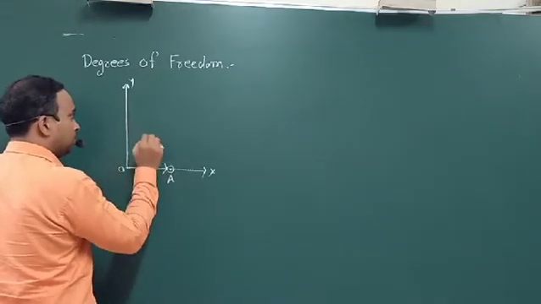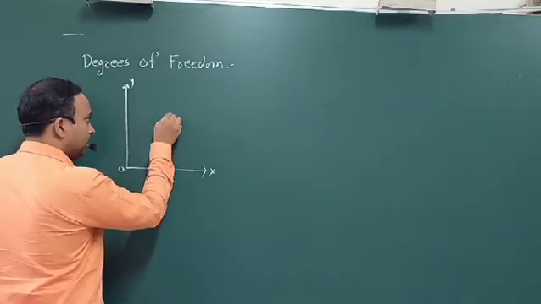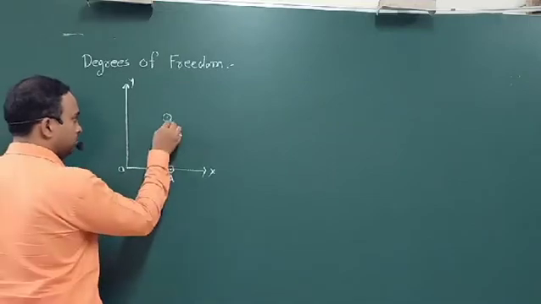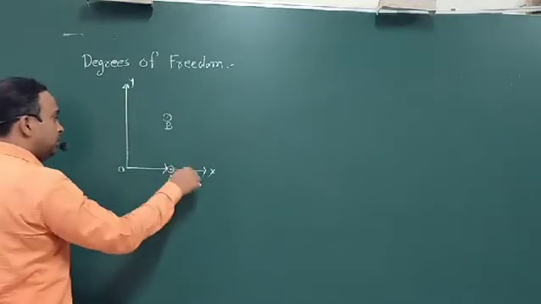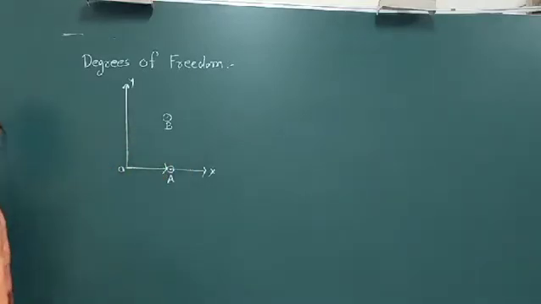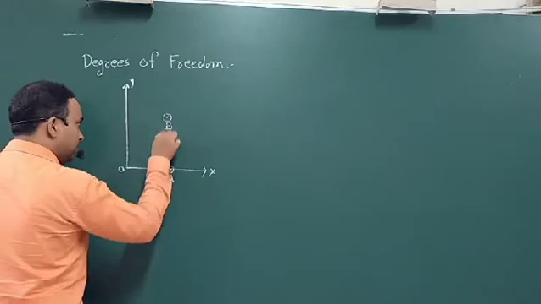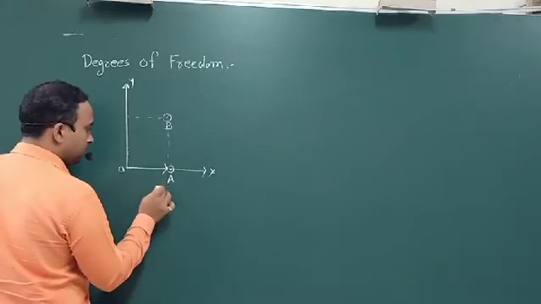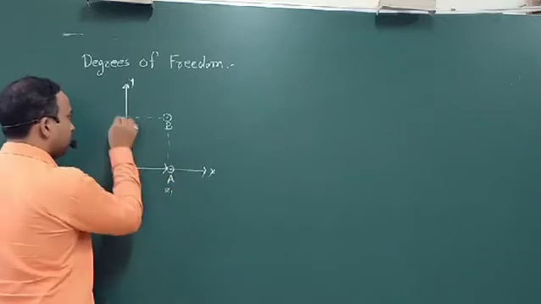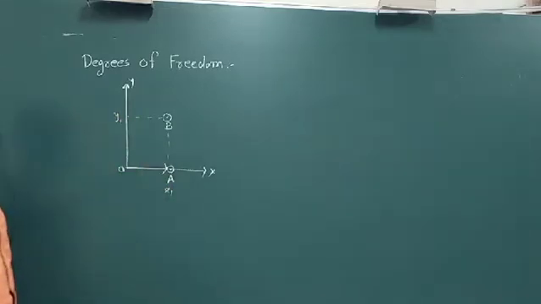Suppose a molecule which is moving in a plane. Suppose this is B. Molecule B is moving in an XY plane. Now this molecule B needs two coordinates, that is, suppose x1 and y1.